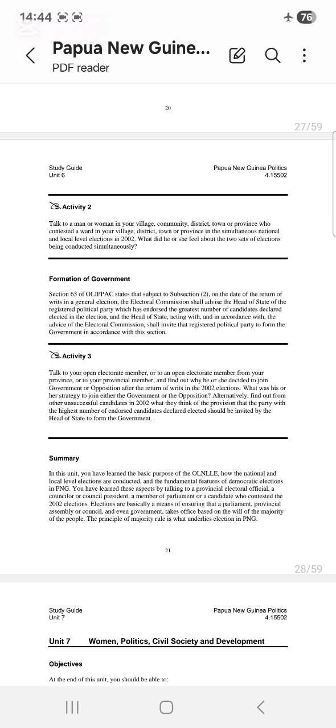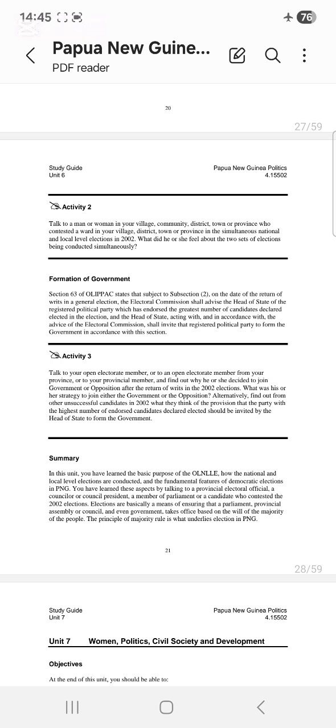So that is why participating in national and local government elections, abiding by the process and respecting the integrity of that process is very important to safeguard our democracy.